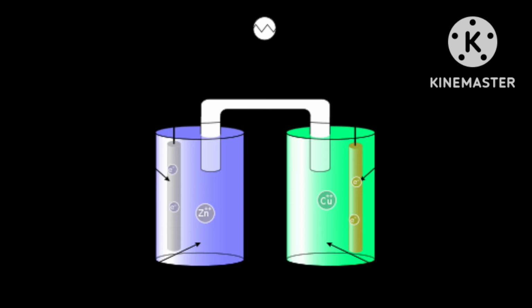Then in this U-tube you will fill the saturated KCl solution and agar, a chemical that you have to fill in. It will form somewhat like a jelly.